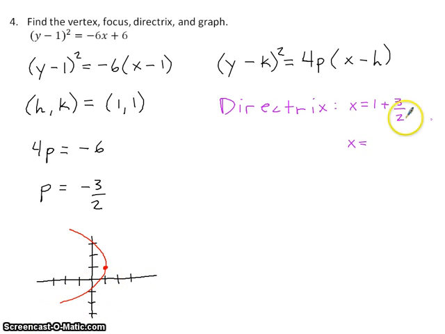We're going to add or subtract the p-value onto the x value of the vertex. And so that gives us, we have 2 over 2 here. That means that we're going to have a 5 over 2 for the directrix, which means that we have a directrix at x equals 2.5.